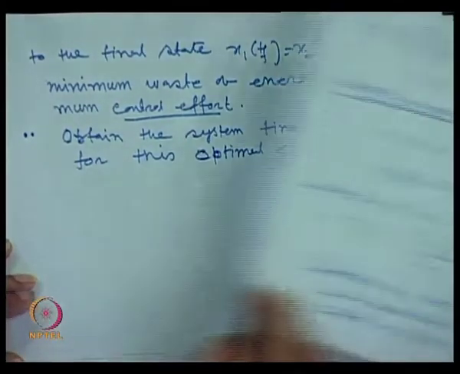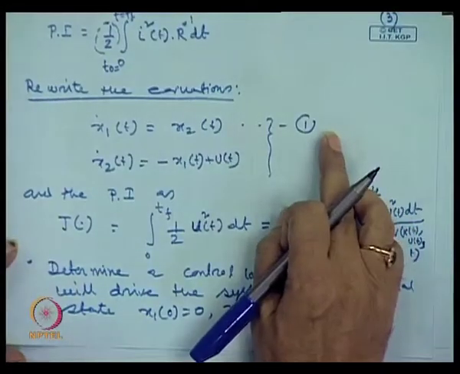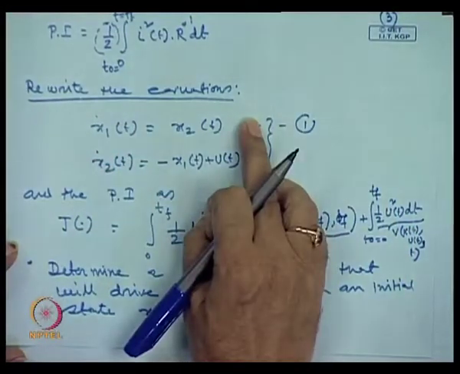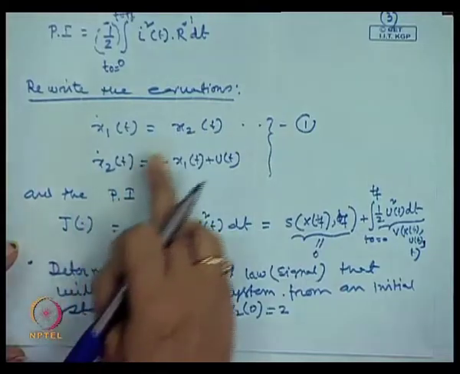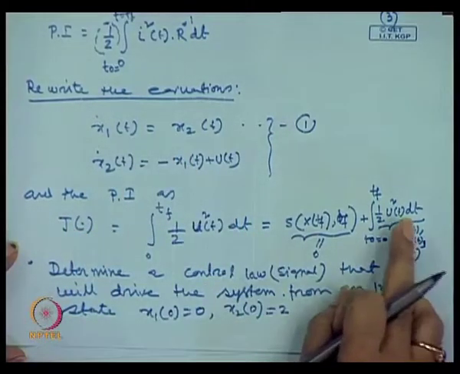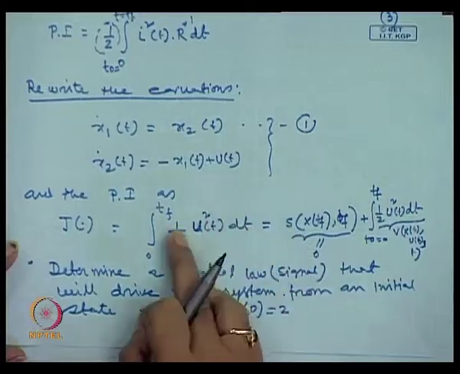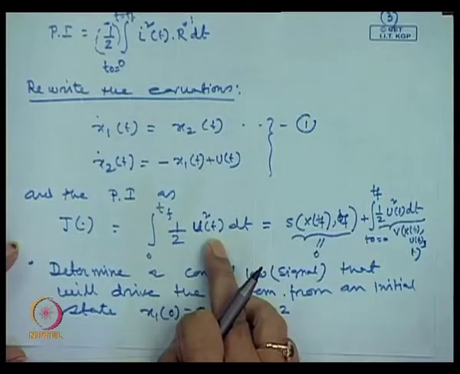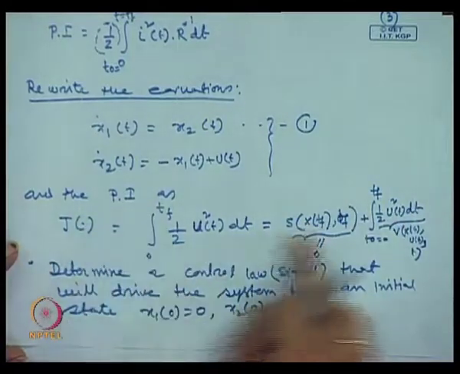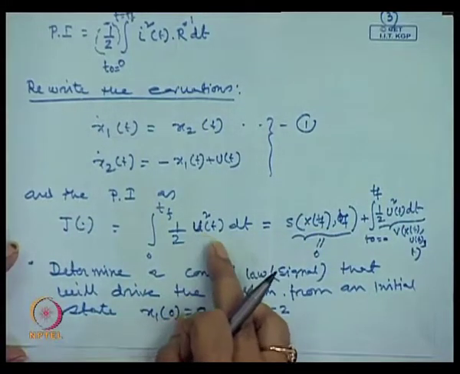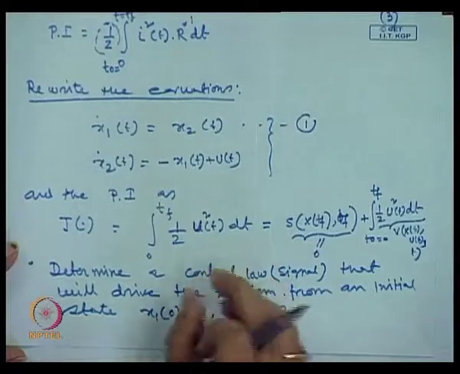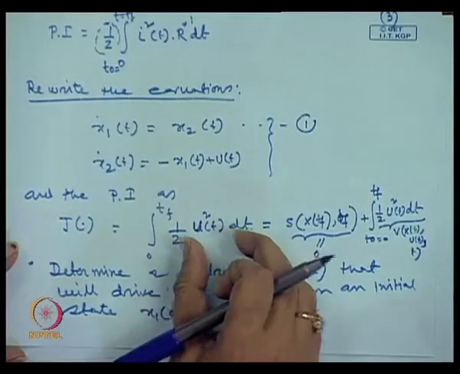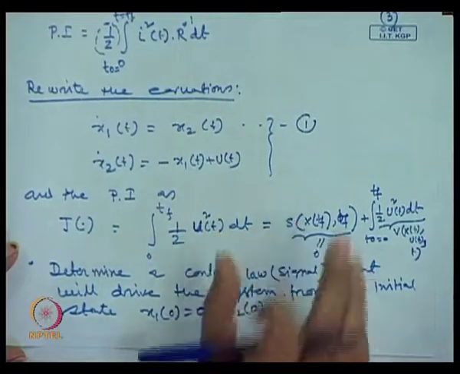So, our problem is, given the system, minimize the performance index by selecting the control effort u. You minimize this performance index, and this minimization means the loss in the resistive part will be minimized.